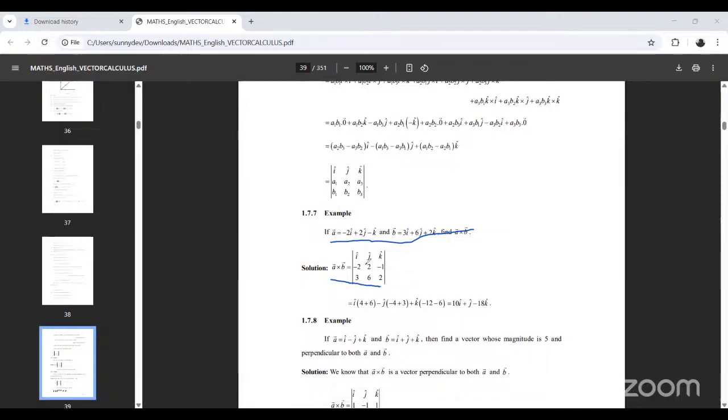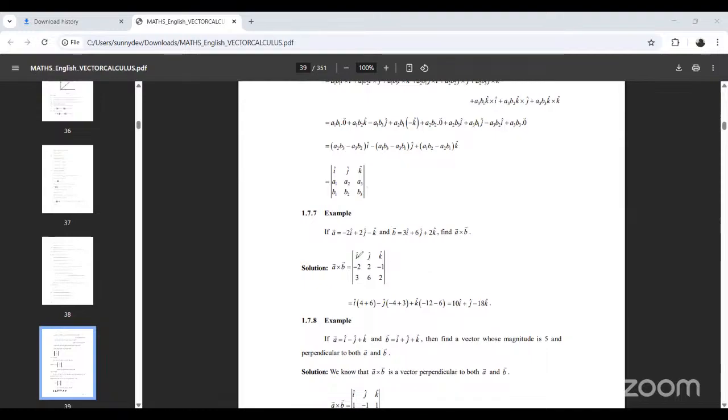Okay. So first, in the intermediate level of matrices, you know how to find the determinant of the product of the two matrices. In the same way here also, the product of the two vectors, the cross vector and the dot vector is different. Now that cross vector A cross B, i, j, k. So that is -2, 2, -1, and 3, 6, 2. So find A cross B.